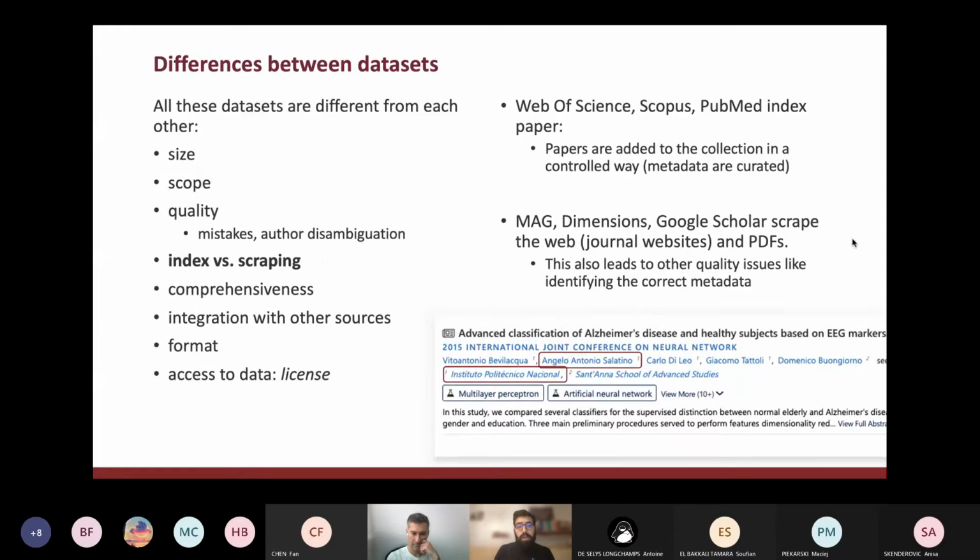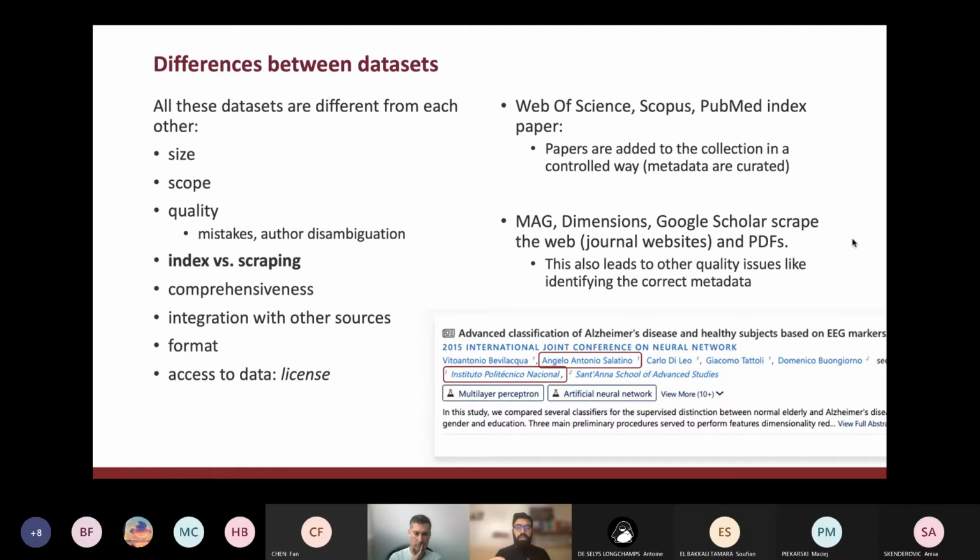And indeed, this is another issue. This is another way of comparing: indexing versus scraping. Some datasets tend to index stuff. So there is Web of Science, Scopus, PubMed, which are manually curated.